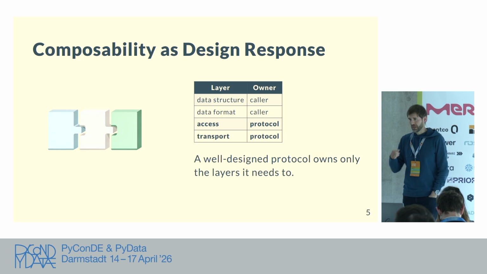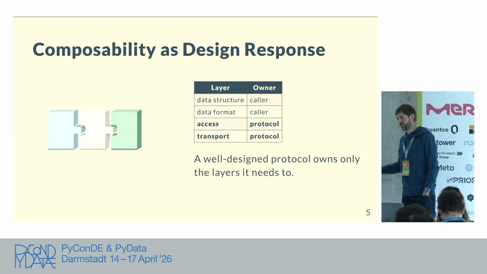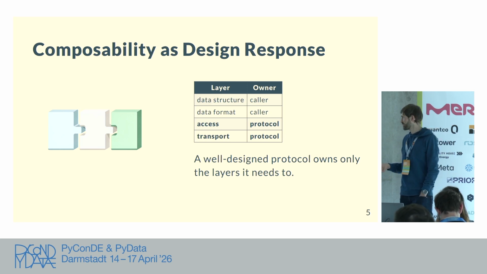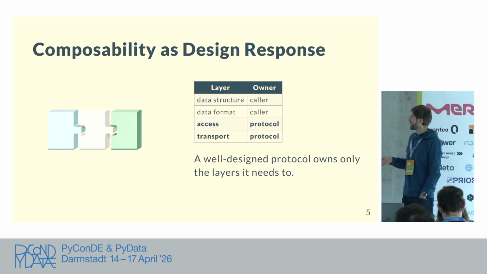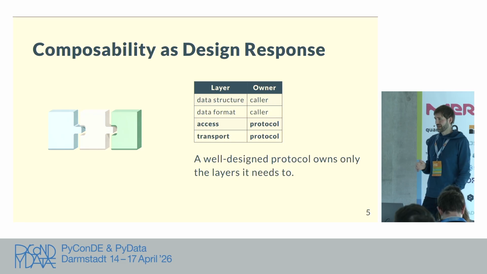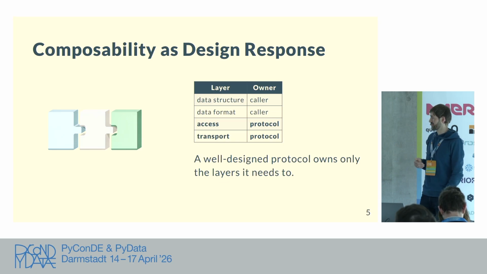Like, I put data on a USB stick, and I bring it somewhere, and then I copy it over. So that's the transport. The access is basically I give it to someone I trust. And everything else is just caller-side, because that enables a multitude of different applications that are more specific to these parties that try to build solutions.